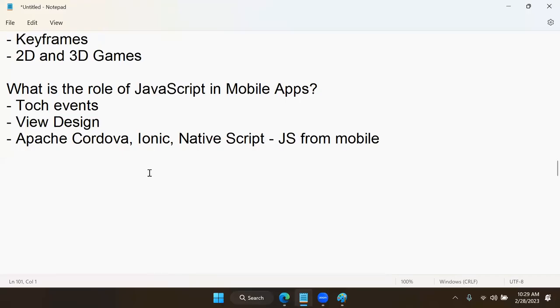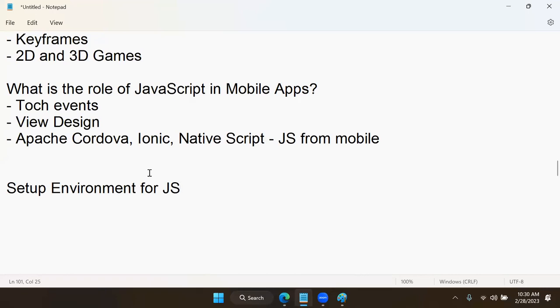Then for that, first we need to learn how to set up the environment for JavaScript. That means how to install, how to set up, how to create a project to start working with JavaScript. Installing software: JavaScript runs everywhere, so you don't need to install anything, but what are the software to install for compiling?